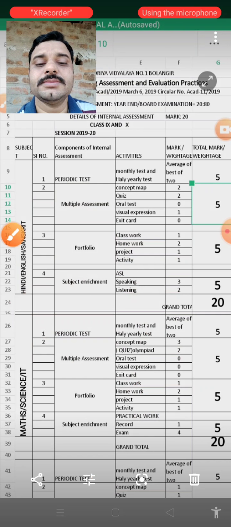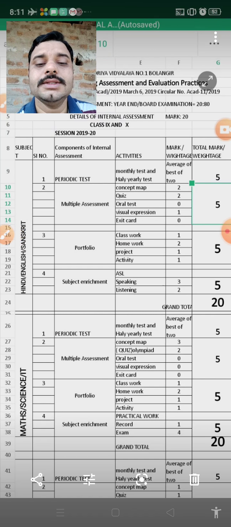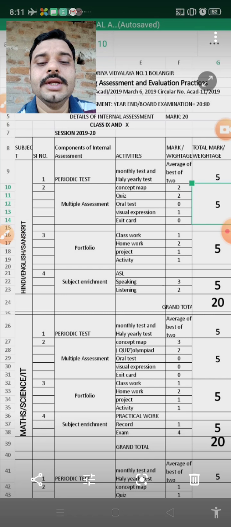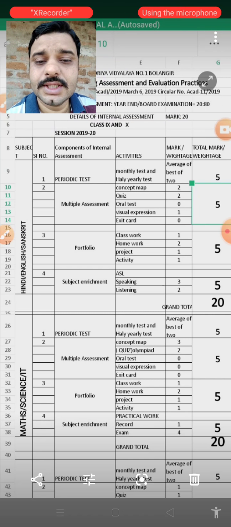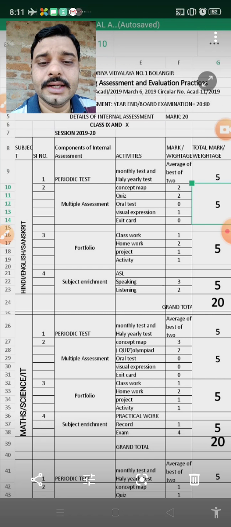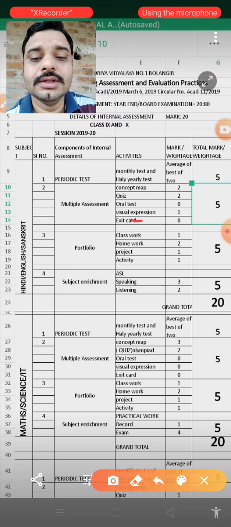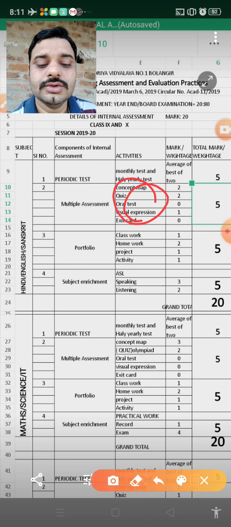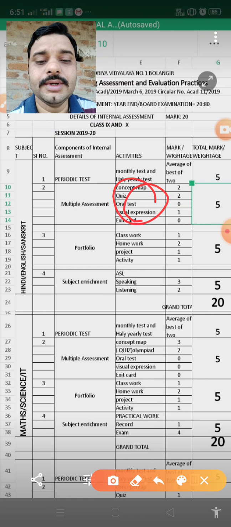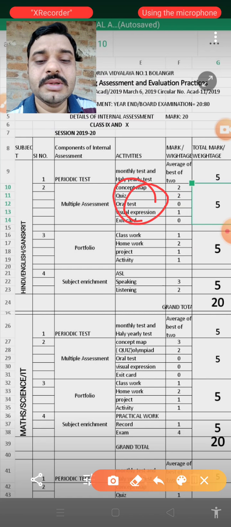Now multiple assessment. It has so many divisions, and CBSE has no proper guideline of the weightage of the 5 marks given in the various activities or sub activities within multiple assessment. So it depends upon the school.